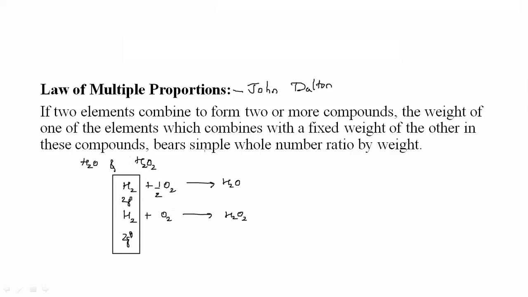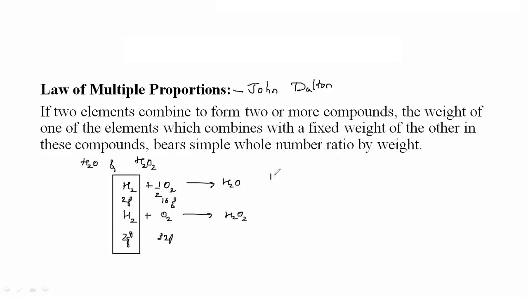So what do they say? The weight of one of the elements which combines with a fixed weight of the other. This is the fixed weight, combining with the other element where the weight is varying. So what is the weight here? Here it is 16 grams of oxygen, and here it is 32 grams of oxygen.